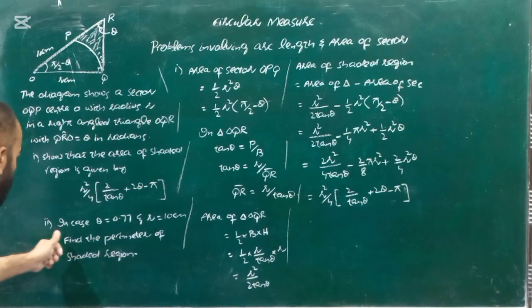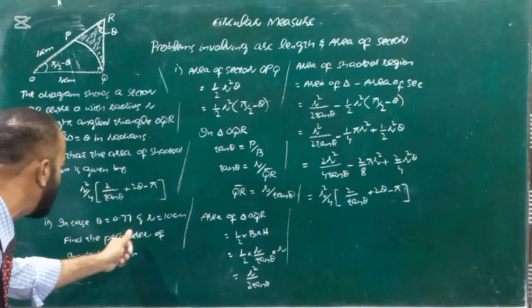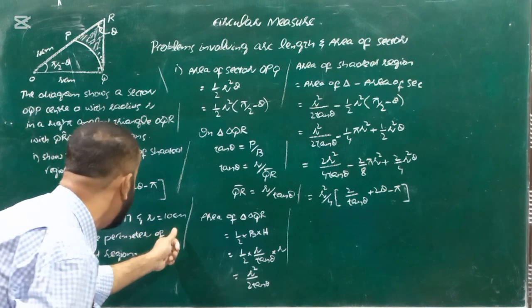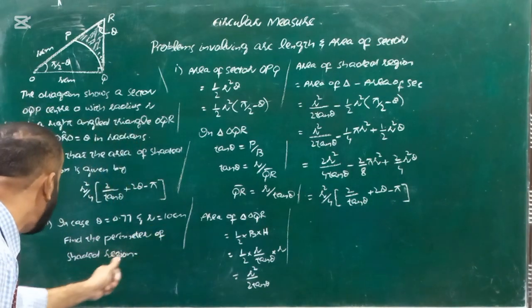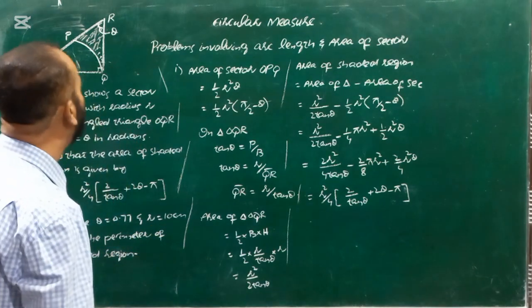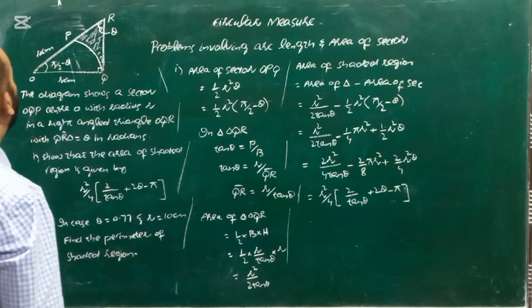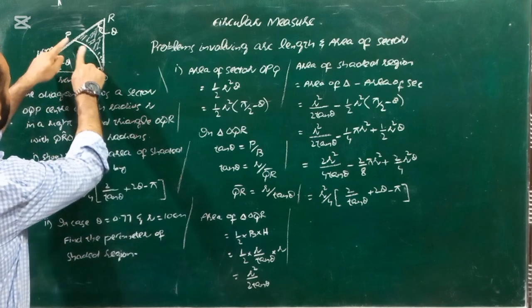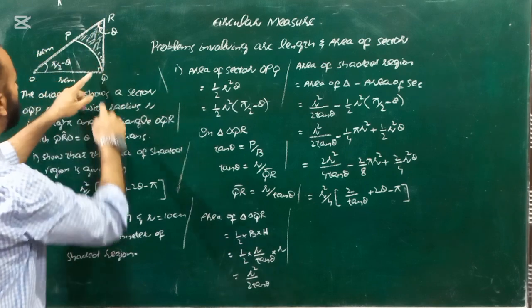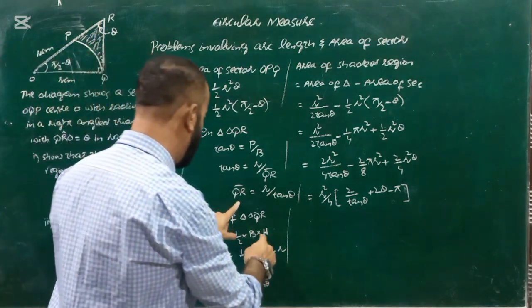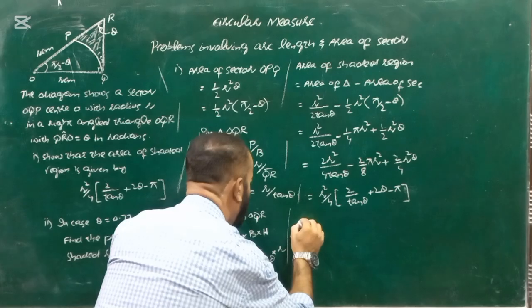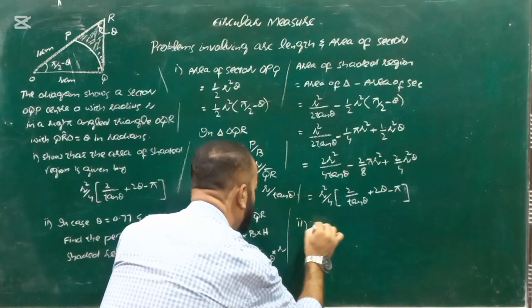Now in the second part: if theta is equal to 0.77 and r is equal to 10 centimeters, find the perimeter of the shaded region. So look now, shaded region. This is the arc length. This side is QR. So this is the second part.